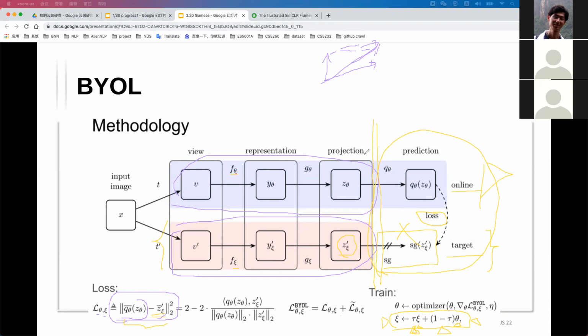So, by the way, here T and T prime are actually two transformations, right? Yeah. Two different transformations. So the architecture between V, Y, and Z is the same. I mean, when we initialize the architecture, they're exactly the same. Yeah. Right, the architecture. And it introduced one more prediction.